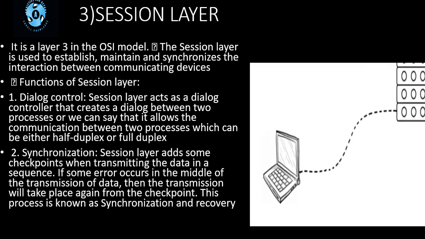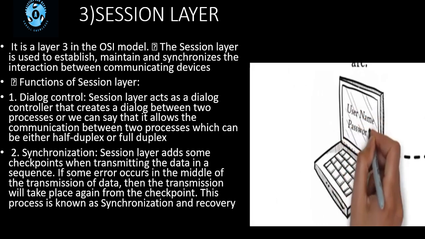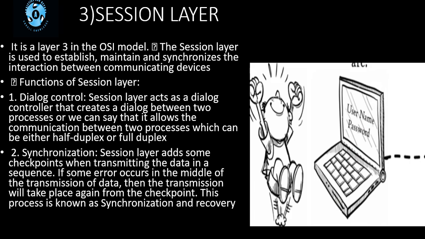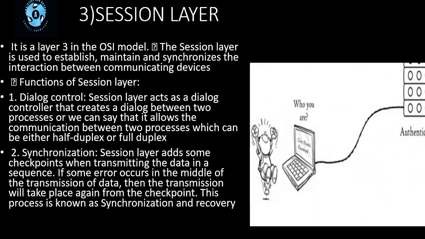As the data is transferred, it tries to take authentication, by collecting the username and the password. Once that authentication is right, it transfers the data and receives the acknowledgement. That is the work of the session layer, taking the authentication as well as the authorizations.